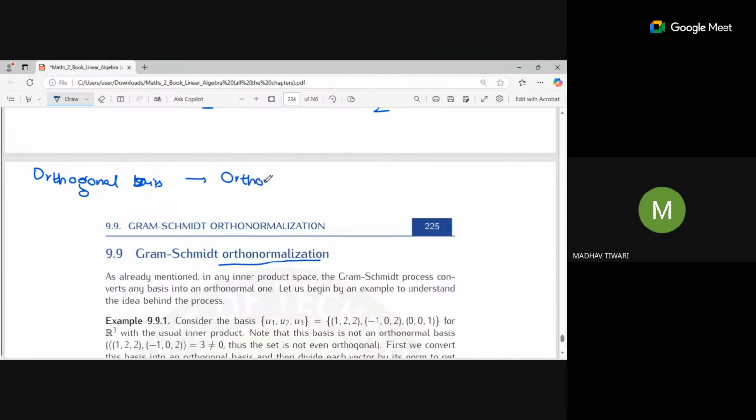How do we convert this? Divide by length, dividing by the norm. If I have u1, u2, u3, simply divide them by u1's norm, u2's norm and u3's norm.